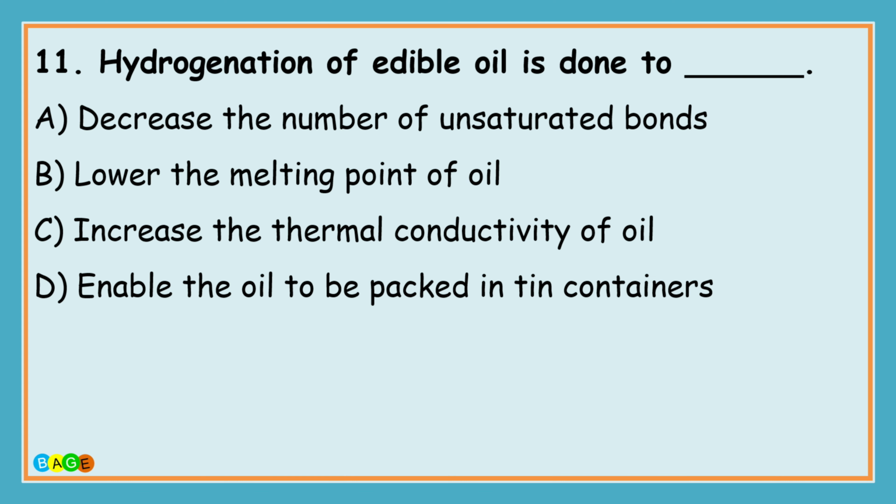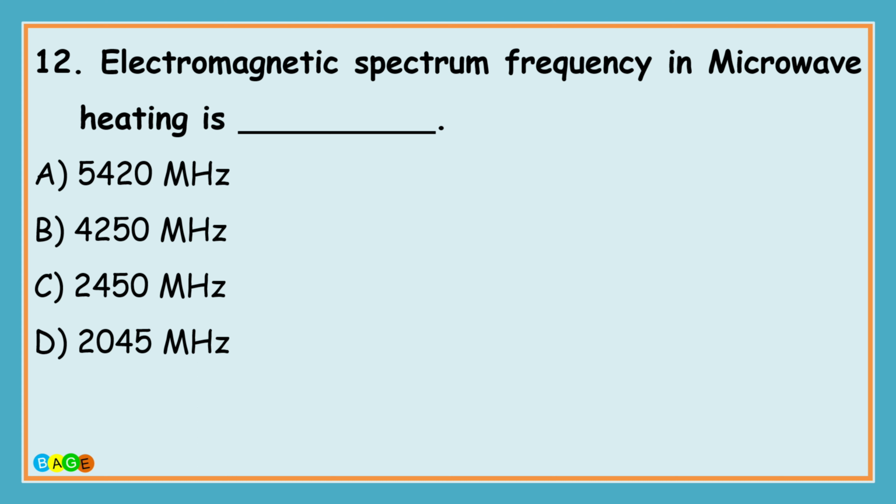Question number 11 is hydrogenation of edible oil is done to dash dash dash, and the options are A decrease the number of unsaturated bonds, B lower the melting point of oil, C increase the thermal conductivity of oil and D enable the oil to be packed in the tin container, and the correct answer is A decrease the number of unsaturated bonds.